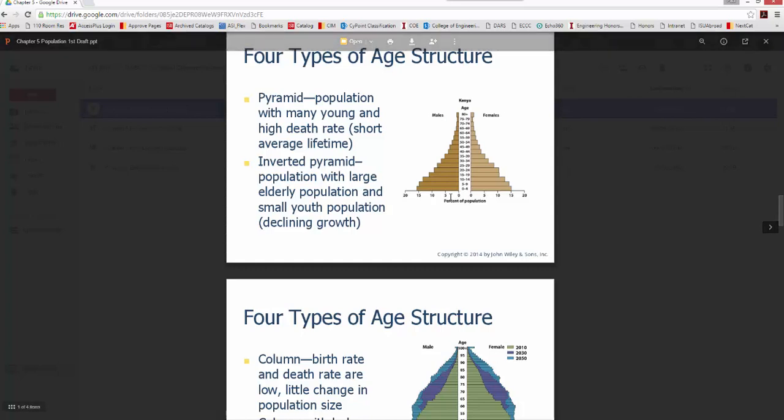That would tell us that basically we have a large elderly population and small youth population, so then we would have declining growth. The idea is that there's not as much procreation going on. We don't have as much younger population, so we would see declining growth.